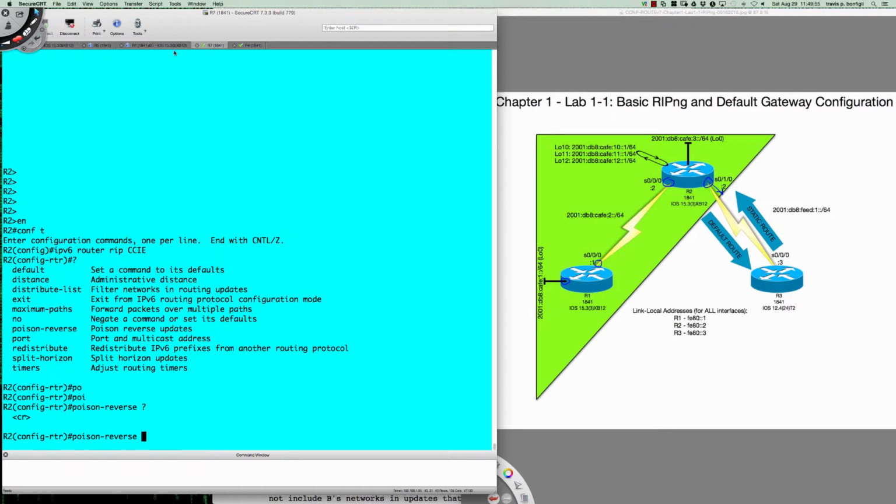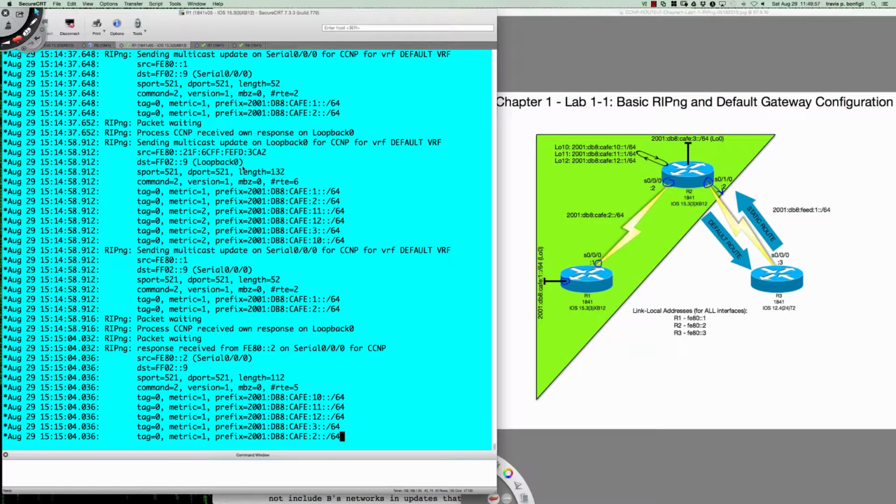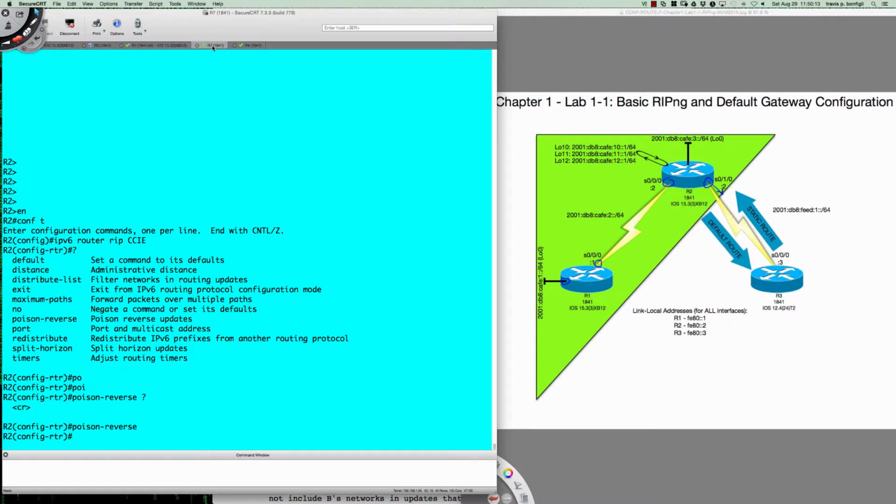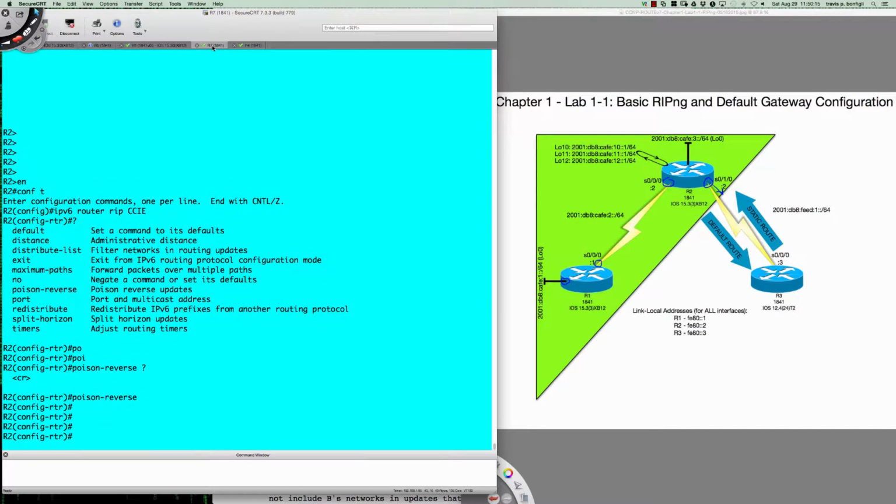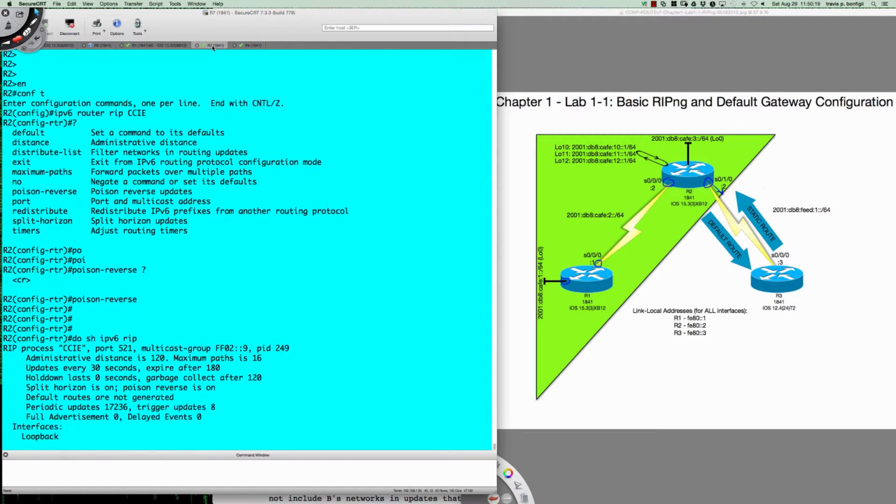So here is what's going to change. Remember, right now we're receiving these updates. That's our send. Where's our receive? Yeah, received, and we see we're getting 10, 11, 12, 3, and 2 from router 2. Let's take a look at what happens when I turn on poison reverse. The first thing I'm going to do is show IPv6 RIP.